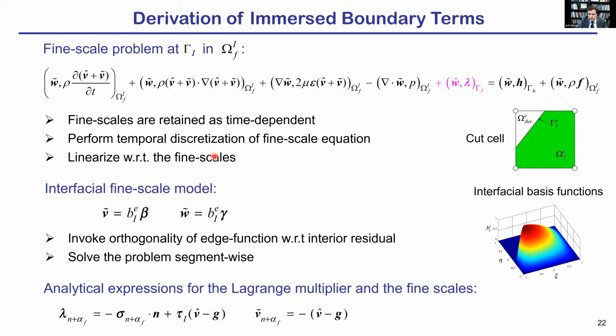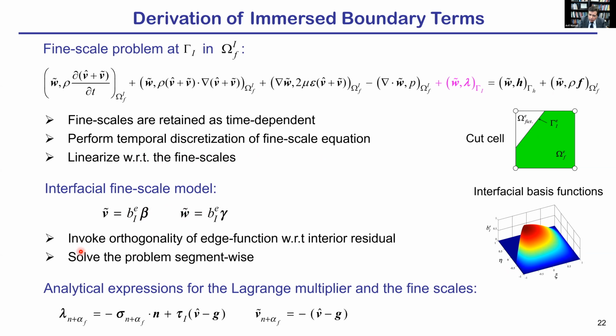We perform temporal discretization of the fine scale equation, linearize with respect to fine scales, localize it at the interface, and expand the fine scales via edge functions. And these functions now have the interface or discontinuity embedded in them. So we use these functions which have the embedded discontinuity for the interfaces inside the domain element.